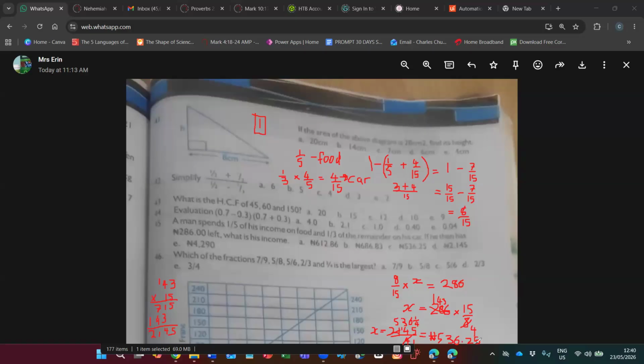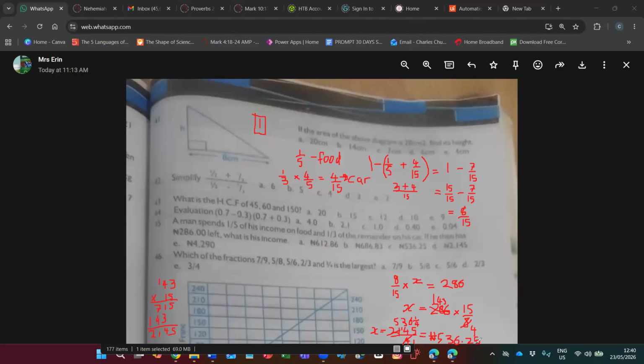Number one, obviously, from this question, the income should be way bigger than 286. Can you see we are getting 536.25? That is 536 naira, 25 kobo. So it is definitely giving you some assurance that you are correct.